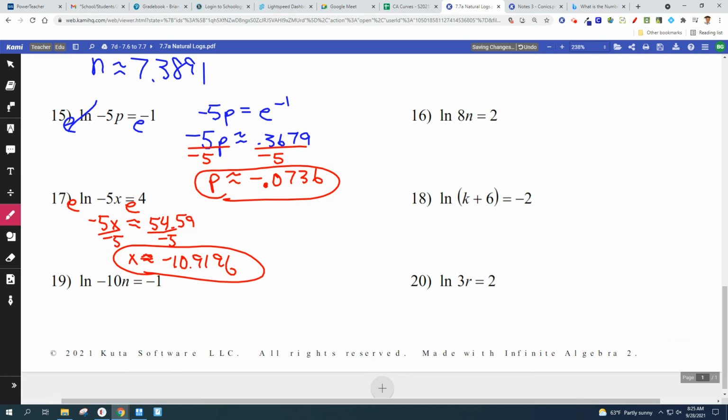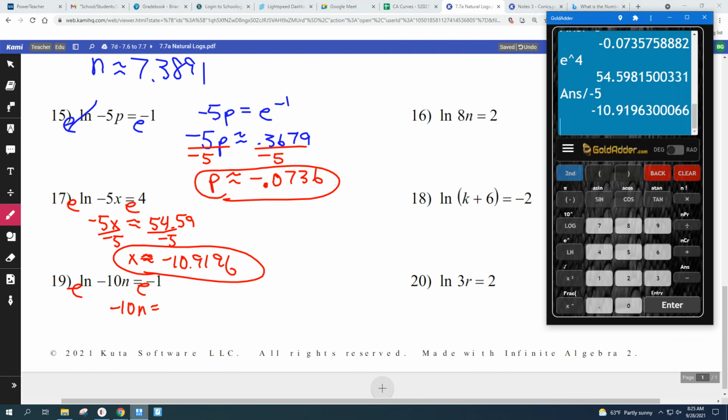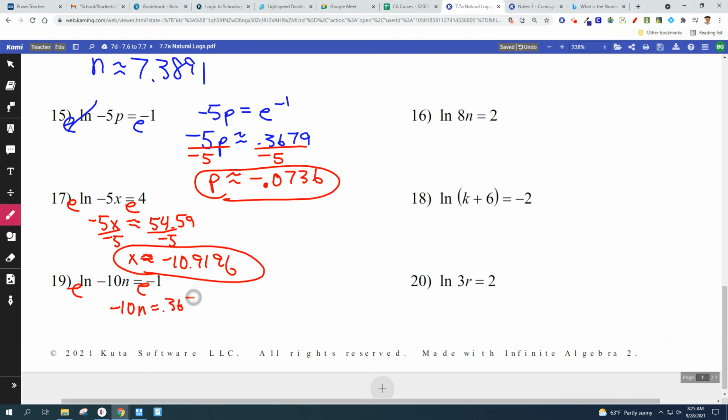All right, so then the next one, I'm going to do a base e. That's going to give me negative 10n equals, what was that, e to the negative first power? 0.3679. Divide by -10.